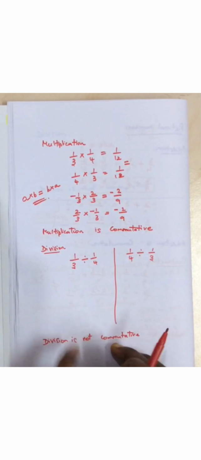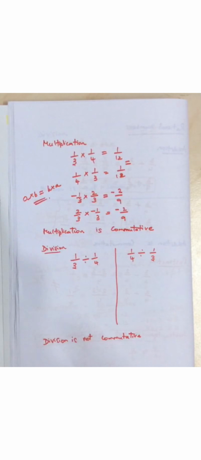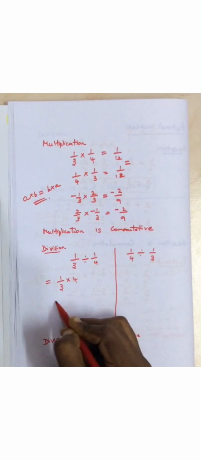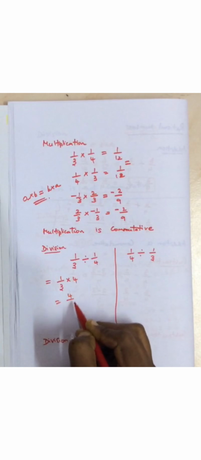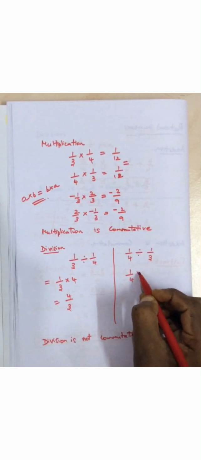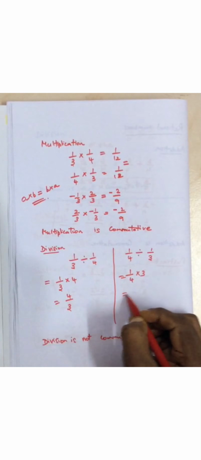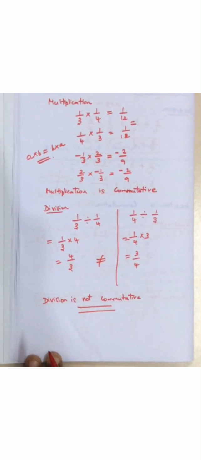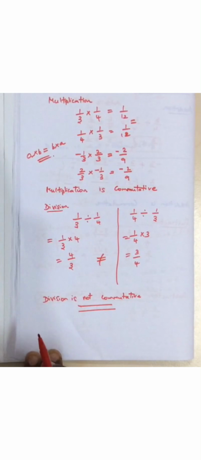We have to check whether these two cases give the same answer or a different answer. This is 1 divided by 3; I am going to take the reciprocal of the other and multiply by 4, which will give 4 by 3. Then 1 divided by 4 multiplied by 3 gives 3 by 4. These two are not equal. So division is not commutative for rational numbers.